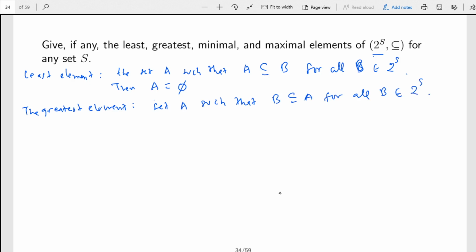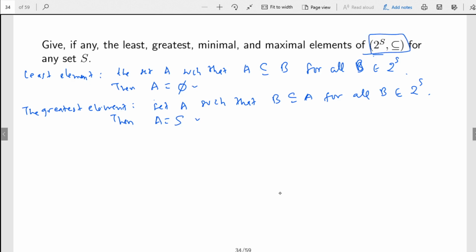That means, what is the set that is both a subset of S and a superset of every other subset of S? The only set that satisfies this is when A is actually the set S. So the empty set is the least element, and the set S itself is the greatest element of this poset.